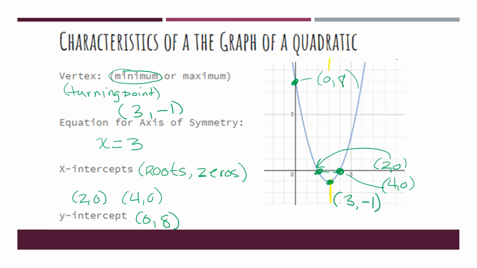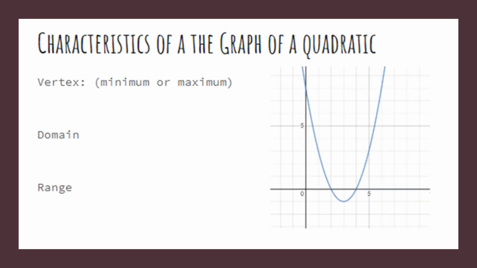I've got more characteristics of this quadratic. I'm just going to write the vertex again because it's important to the domain and range. So again, my vertex was 3, -1. My domain is all of my x values. So my domain is where this graph goes this way. This graph is going to go on forever and ever, and it's going to get wider and wider. So it is going to hit every conceivable x value.